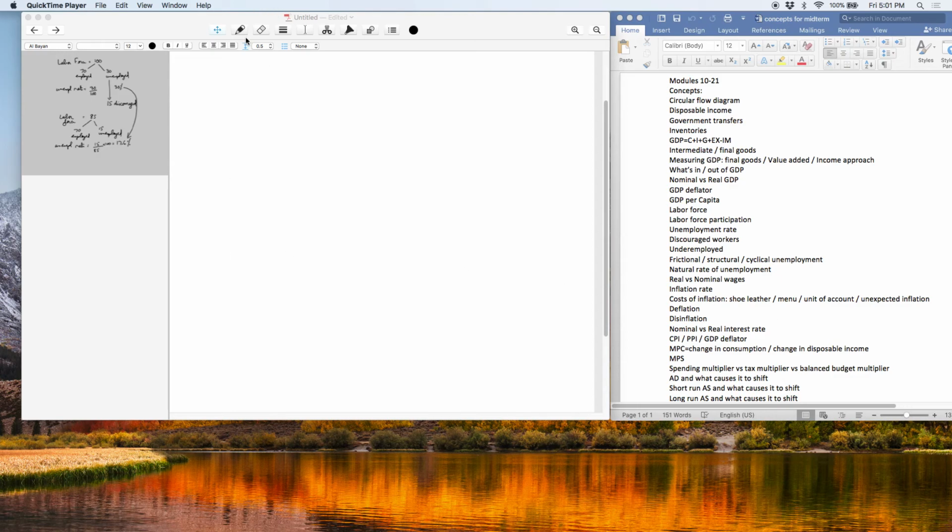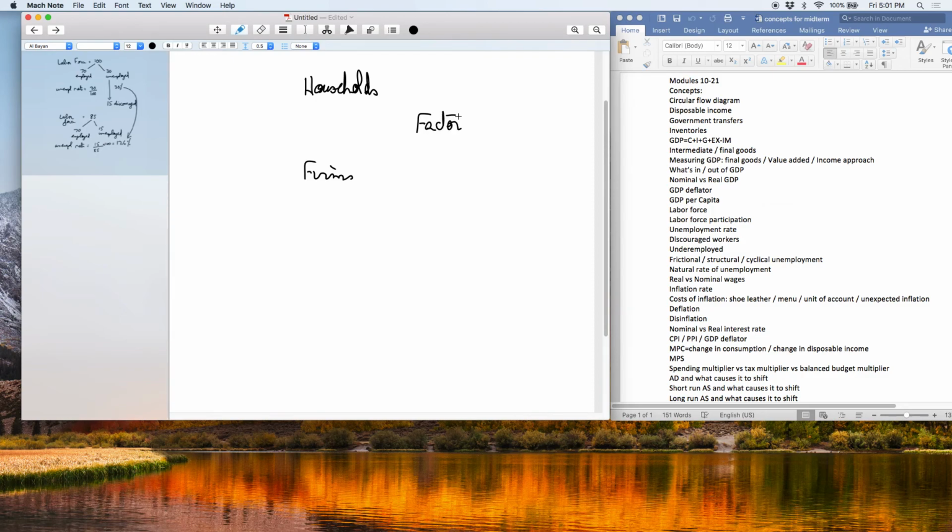circular flow diagram. And the circular flow diagram basically said it's a way of describing the economy where you have households versus firms, okay? And you have the factor market, which is the labor market, and the goods market, okay?